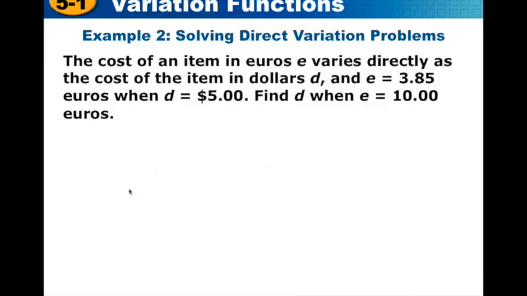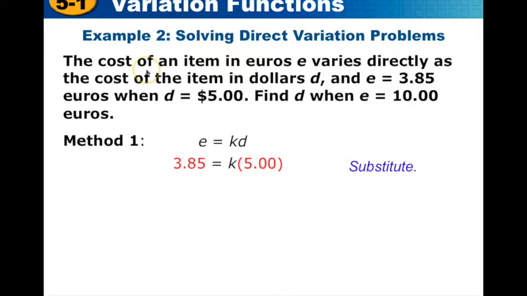So the first way we're going to do this is with the equation. They tell us that E varies directly as D. So that allows us to write it like this: E equals K times D. Now we can substitute the values they give us in. The first set of values says that E is 3.85 when D is 5.